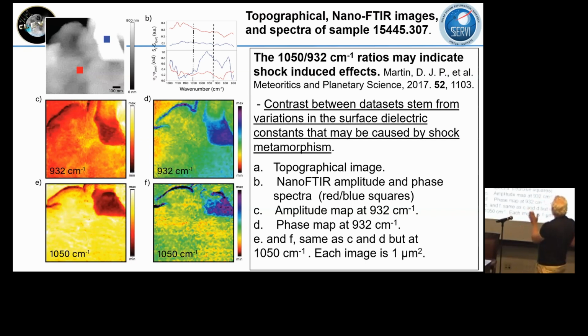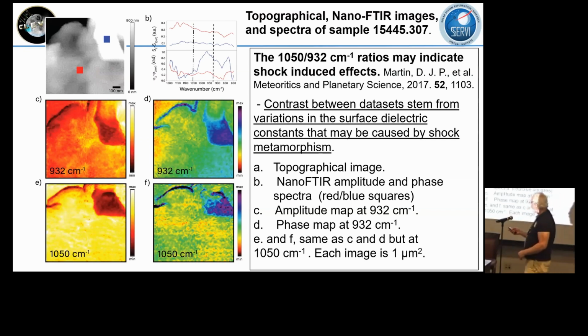But they tell us that the contrast between these data sets is different. And in fact, the contrast of the 1050 wave number feature is stronger than the 932 wave number feature. So we are interpreting this, in agreement with this group, that this could be a signature of shock metamorphism locally.